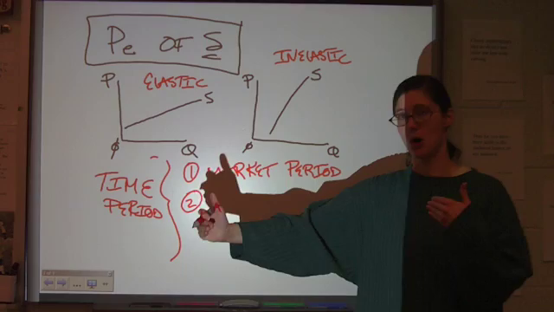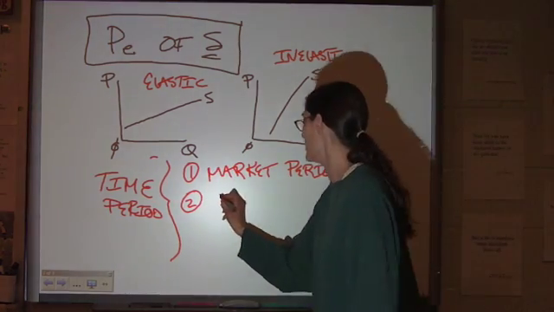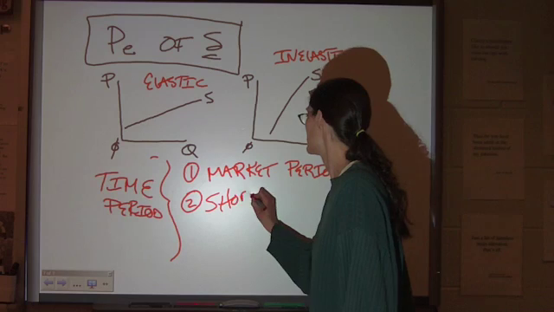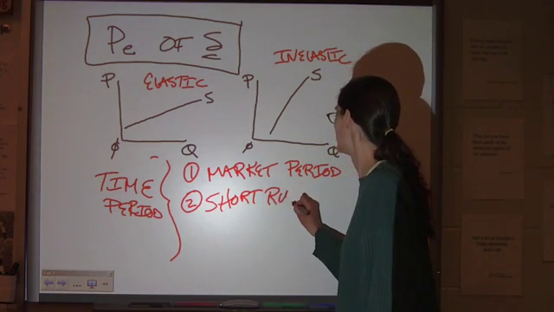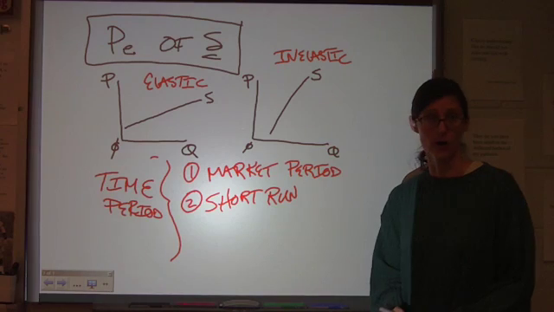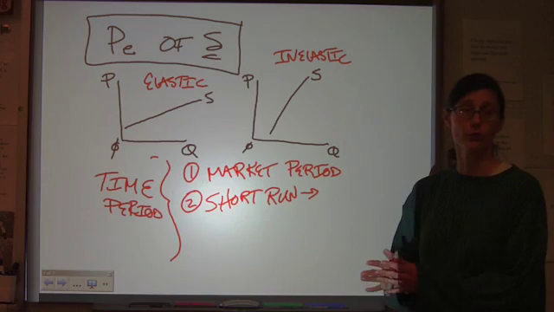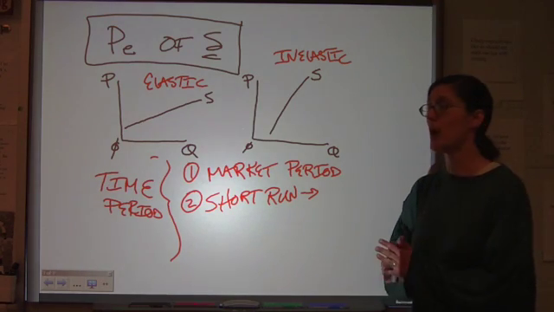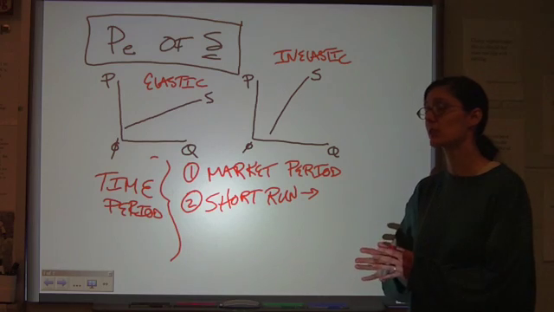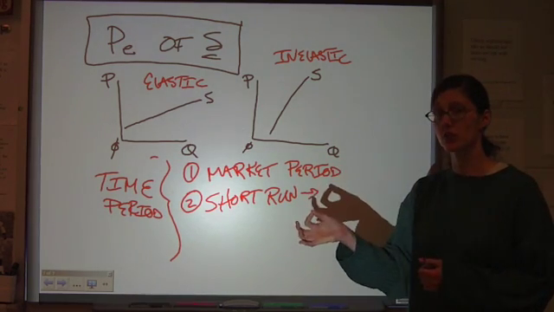Getting a little bit longer than that, we would have the short run. Now, in the short run, you have some ability to alter your production, but you're still going to have some resources that you cannot change.